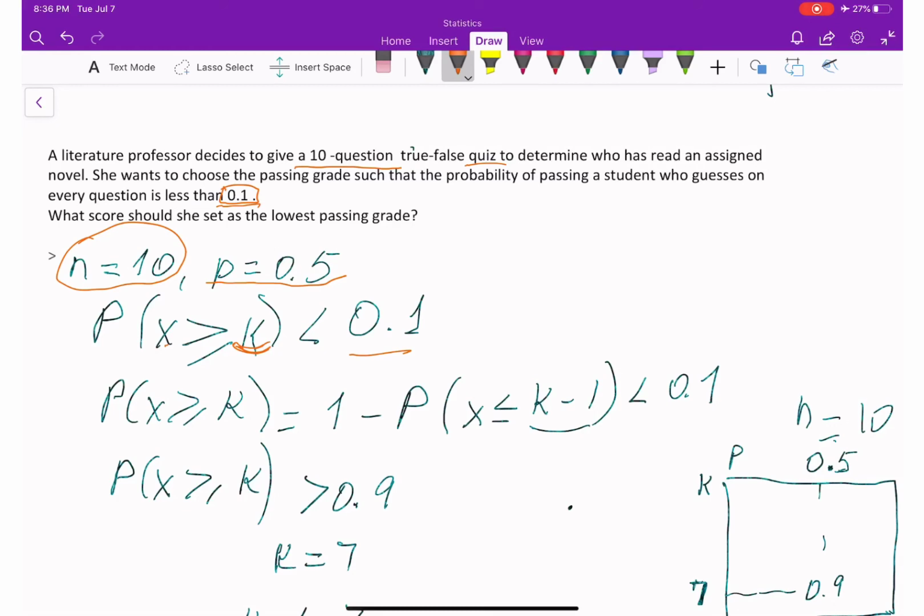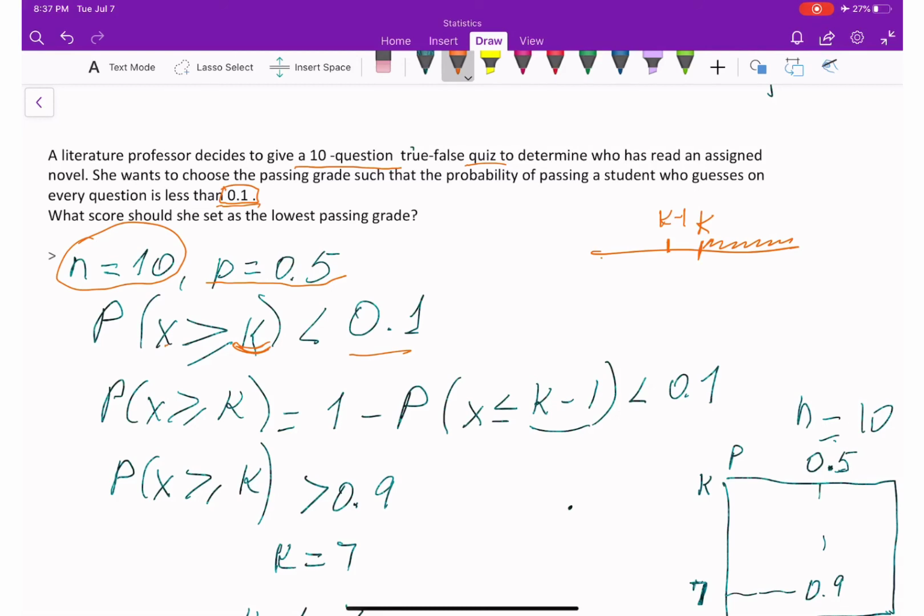Okay, to find the probability of X greater than or equal to K, again, the table doesn't show greater, the table always shows less. So we have to take this one. This is going to be K minus 1, since I don't know how much K is. Therefore, I put it in the format of X less than or equal to K minus 1. Because if K is 14, then K minus 1 will be 13.